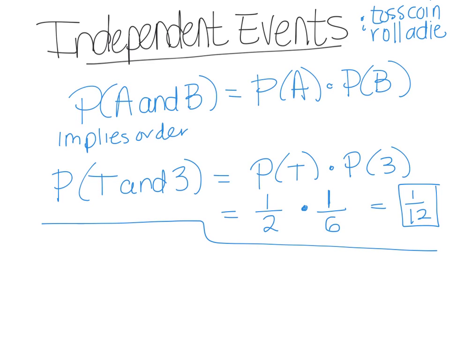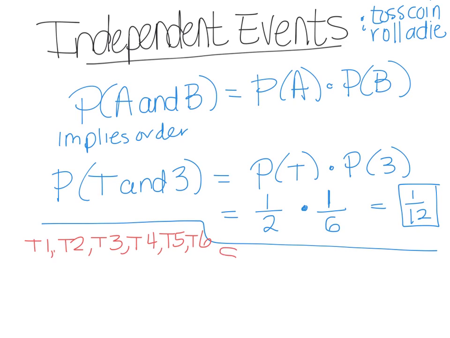We're going to do it using a sample space. So if I were to write out the sample space from tossing a coin and rolling a die, what would that space look like? It would look like tails with the 1, and then tails with the 2, tails with the 3, tails with the 4, tails with the 5, and tails with the 6. Those are all possible outcomes.